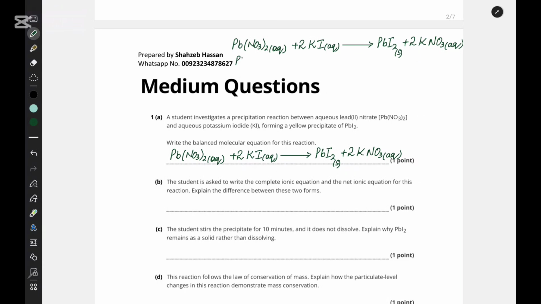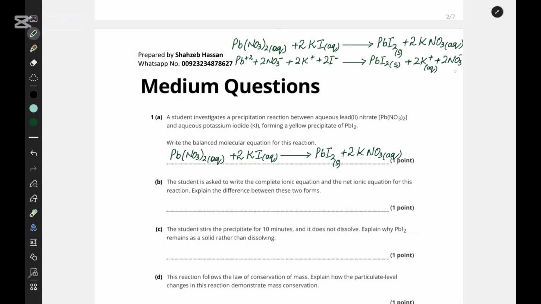We know only aqueous species can be split up, so Pb2+ plus 2NO3 minus plus 2K positive plus 2I minus would be forming PbI2. It's in solid form, so it will not be split up, plus 2K positive plus 2NO3 negative.